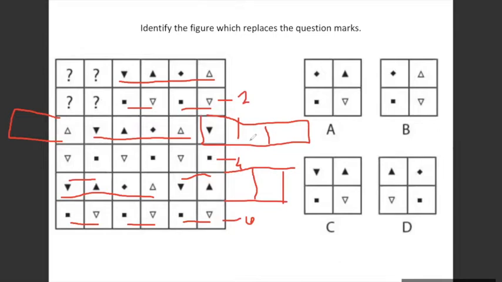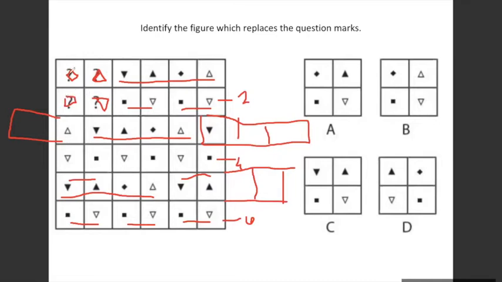Yes, ma'am. So the correct option will be in that case, if I say this, here there will be this triangle. Here there will be this diamond. Here I get an inverted triangle. And here I get a square.